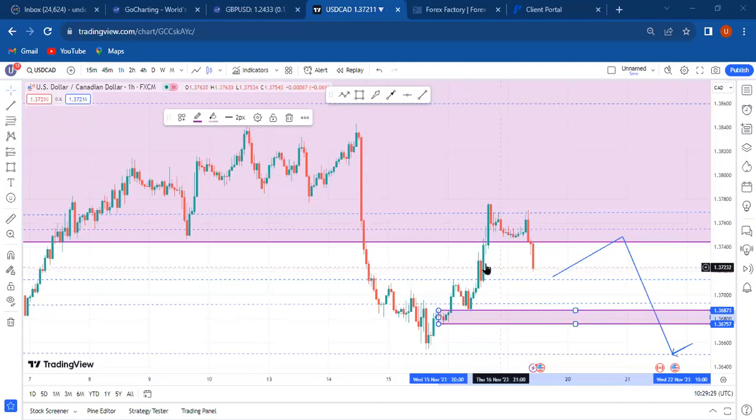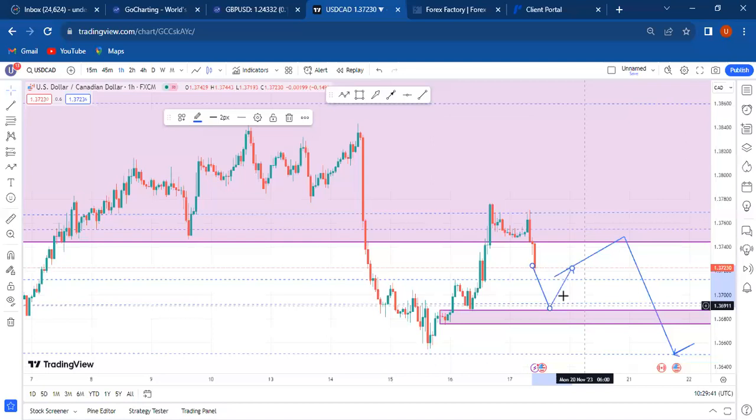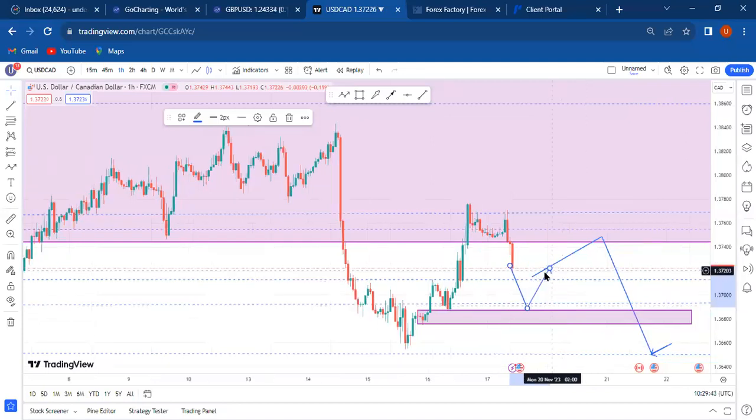So now, where is the area I'm looking at? I'm looking at 1.37139 for a proper retracement. It could be a retracement or the beginning of a reversal. So something like this, here. Right? So we see another rejection.